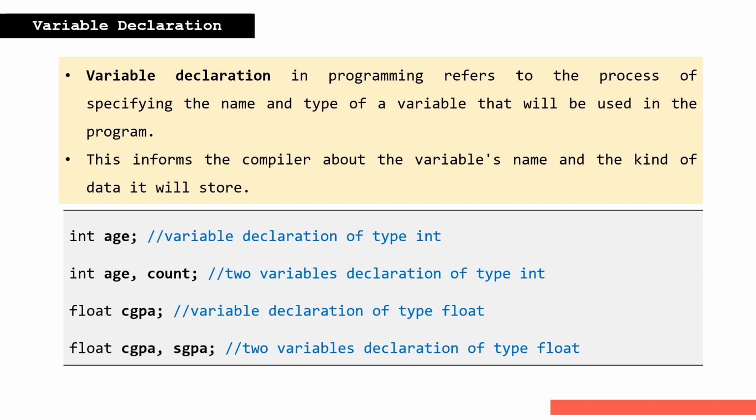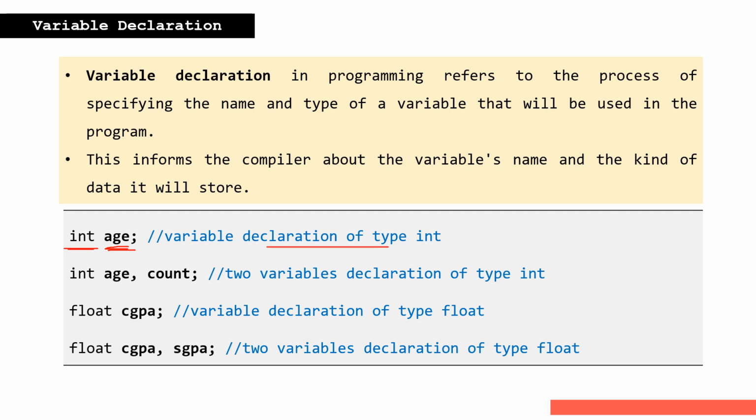For example, int age and semicolon. This means you are declaring the age variable of integer type. This is nothing but telling the compiler that a variable age is of int type. This is called variable declaration of type int.